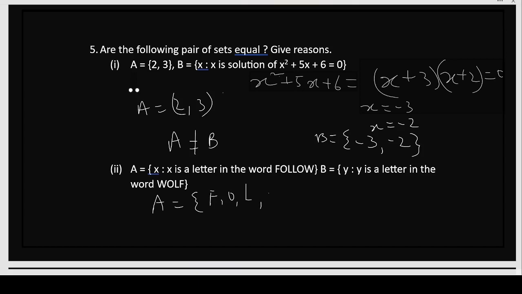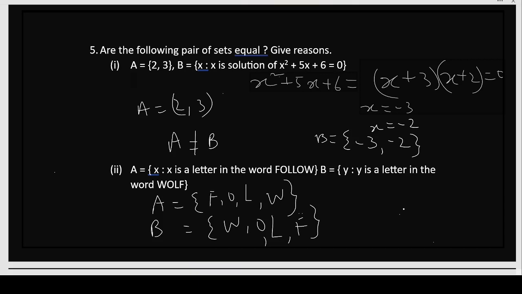O also we will not write again. And W. This is the set A. B is y such that y is a letter in the word wolf: W, O, L, F. So clearly all the elements of A are present in B. This is B. So clearly A equals B.